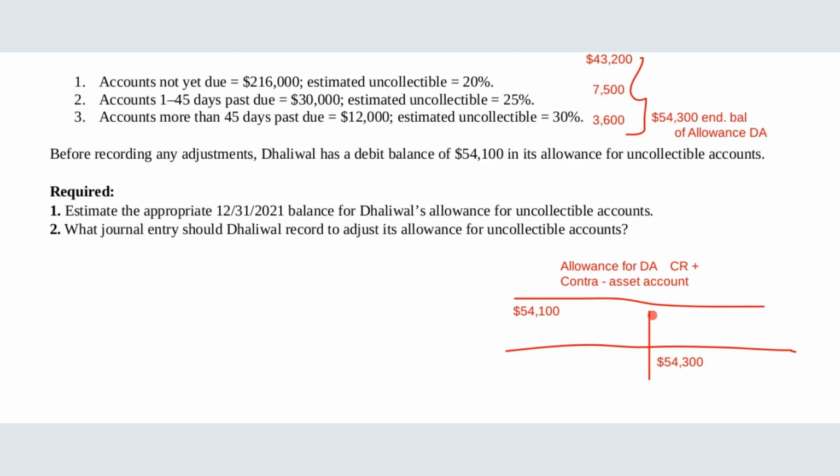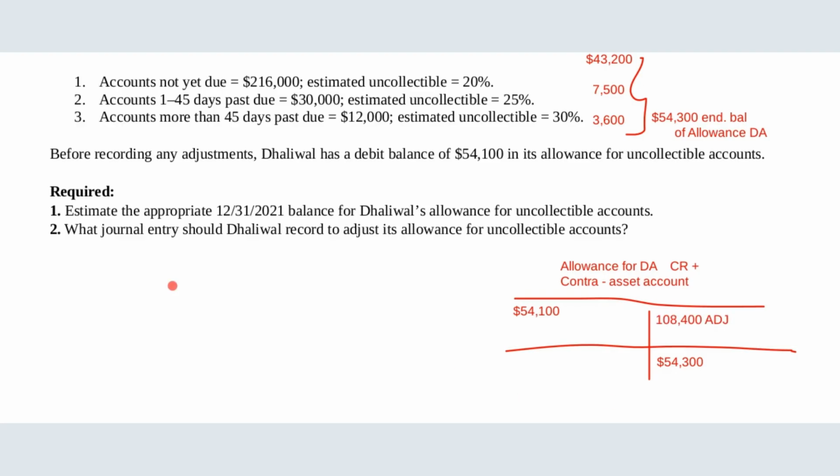So we are going to have to add the two, right? If we have a debit, we add. If we have a credit beginning balance, we subtract. And so the amount of the adjustment that we need to make is 108,400.